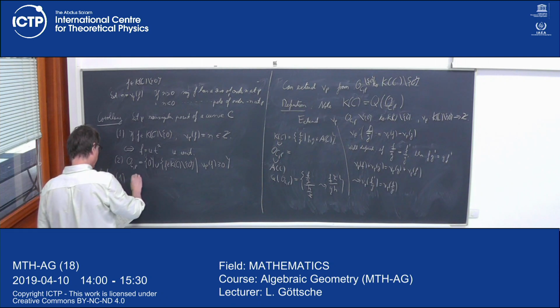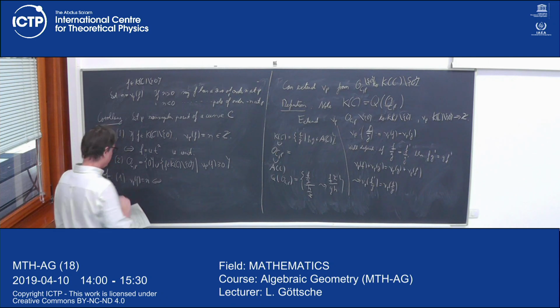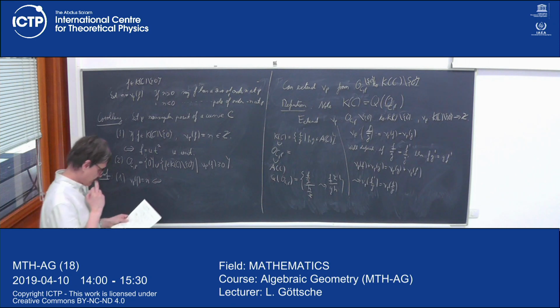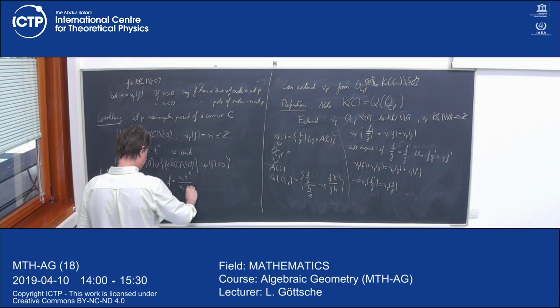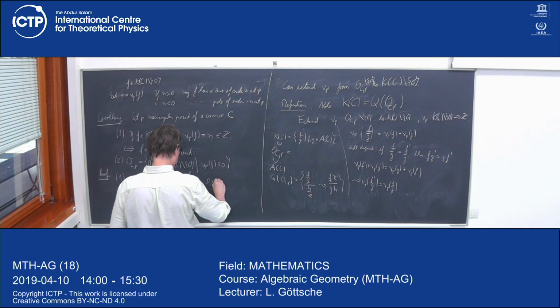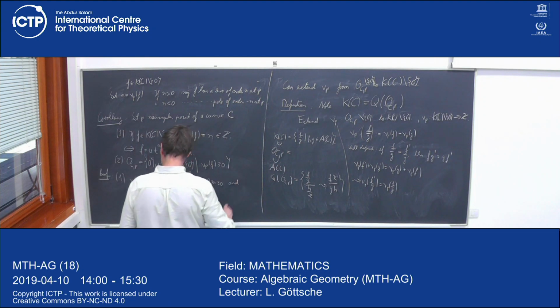So nu p of f is equal to n if and only if we can write f as a quotient of two elements in the local ring such that the difference of valuations is n. That means we can write f equal to u1 times t to the l divided by u2 times t to the m, and the difference n is equal to l minus m.